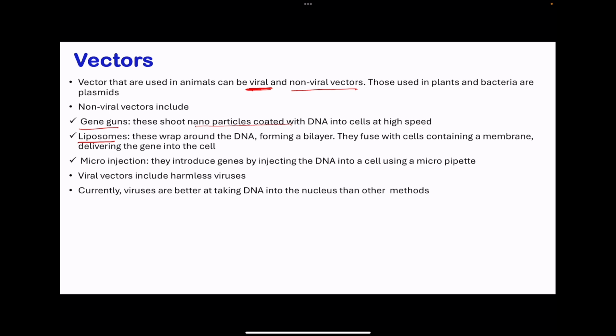They surround the DNA, forming a bilayer, and they will fuse with the membrane in order to deliver the genetic material into the cell. There is also microinjection. Here the genes are going to be introduced by injection into the specific cell using a micropipette. And from current studies, it's been established that viral vectors are better at taking the DNA material into the nucleus in comparison to the non-viral vectors.